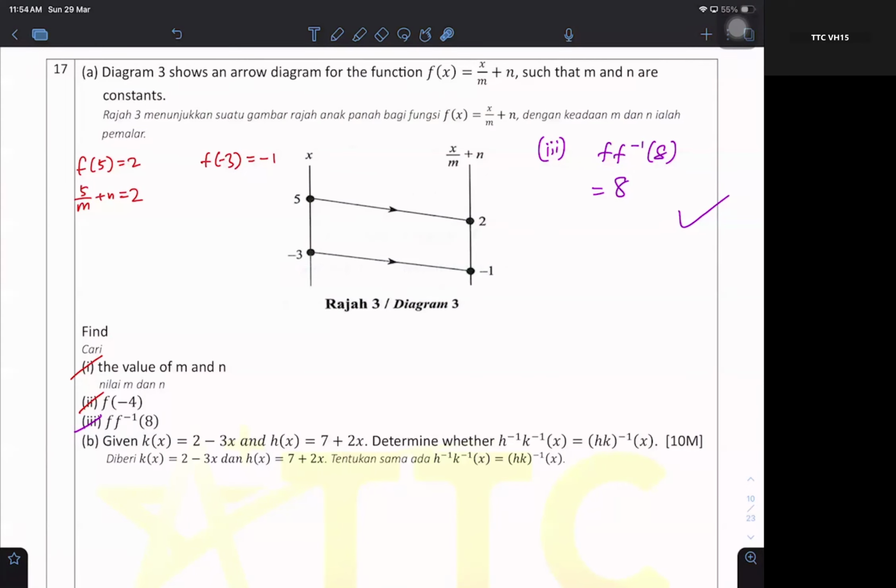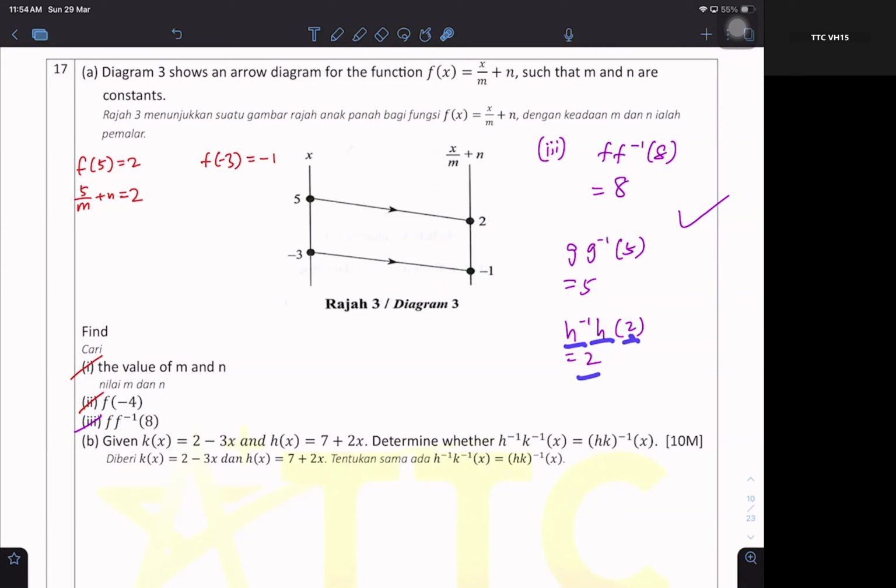So when you do original and inverse together, you go back to the same place. Understand? I can give you more examples. Let's say g inverse g(5) is equal 5. Confirm one. Whenever the original and the inverse are together, the answer is the same. Give you more: h inverse h(2) equal to 2.